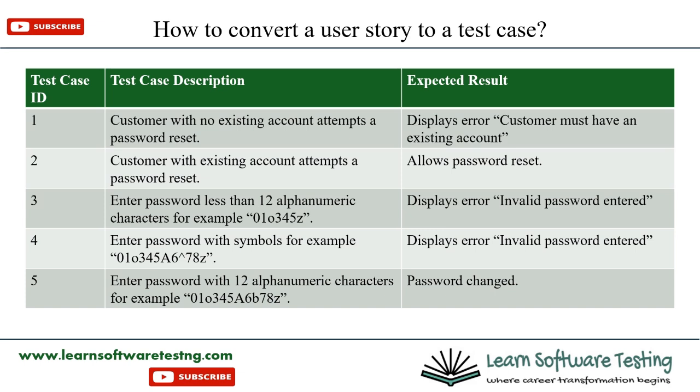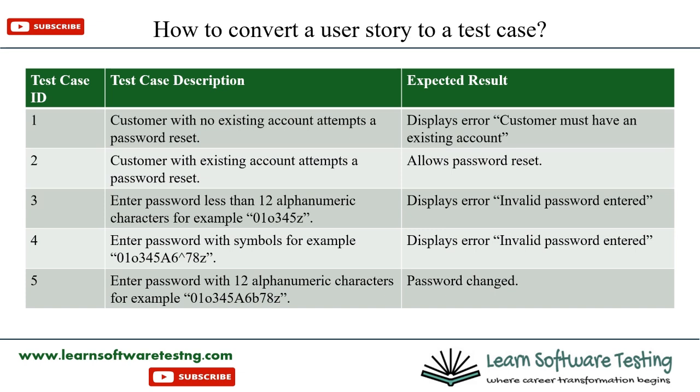In this instance, you get an expected result that displays an error, invalid password entered, which is correct because the acceptance criteria specify that it must be a 12 character length alphanumeric password. So obviously that would be an error.